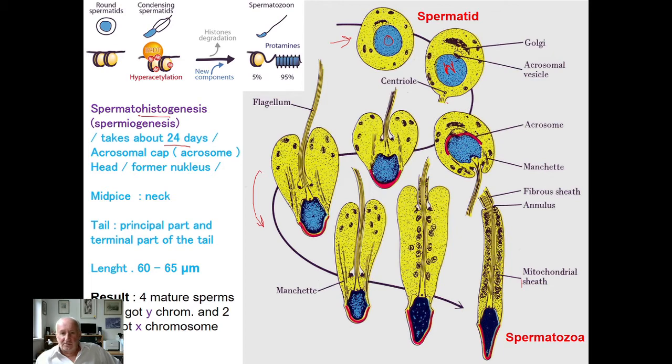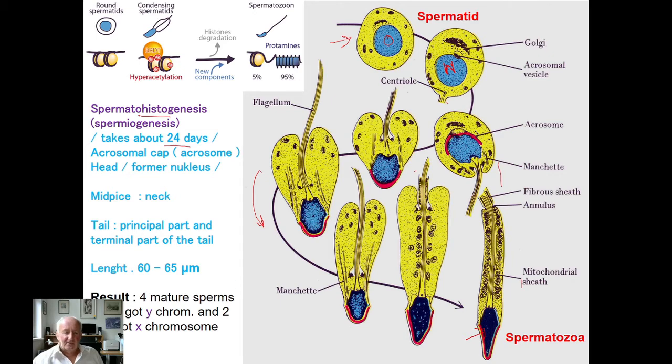First, look at the nucleus. The nucleus from the spherical shape is changing into a very thin shape, as you see here. In this head of the spermatozoa are sitting those 23 chromosomes. How is it possible that the shape can change so easily?